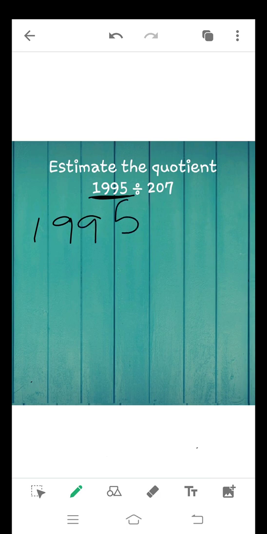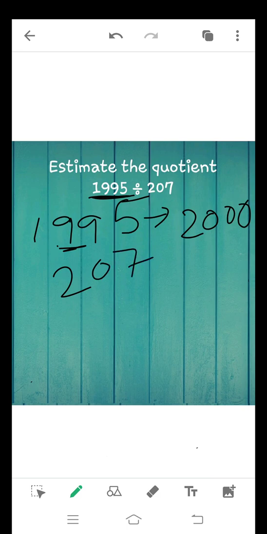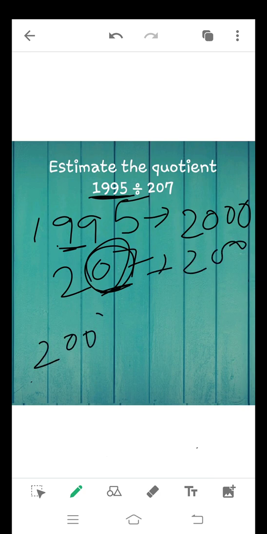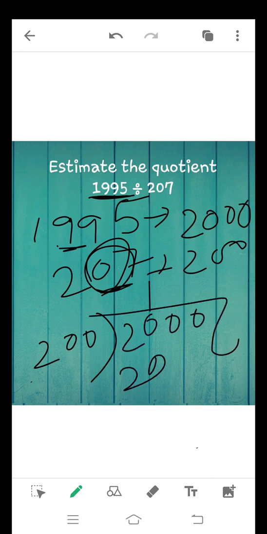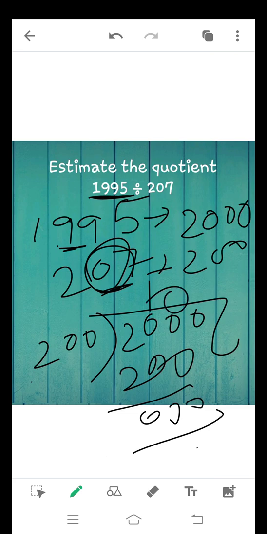When we estimate to the nearest 1000, we see the 100 place and it is greater than 5. So the nearest 1000 is 2000. 207. Now estimate it to the nearest 100. So it is 0, less than 5, so it becomes 200. Now divide both the numbers. 200 ones are 200 and 0. It is 10.